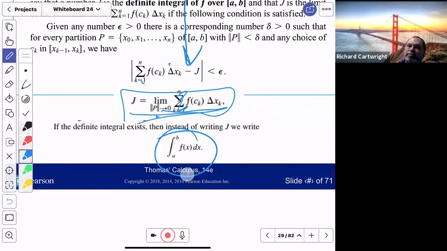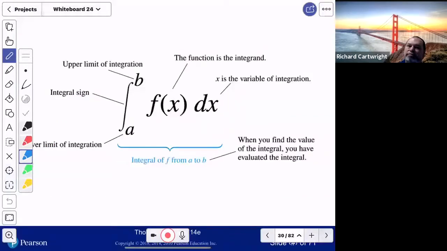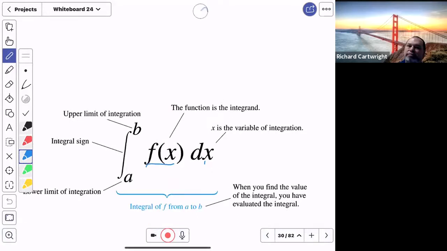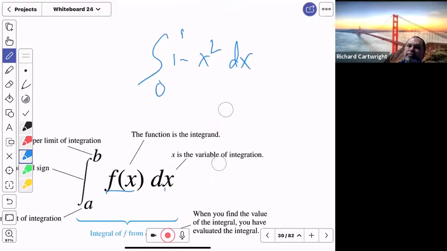This is the calculus that the AP wants you to do for sure. So we've already talked about the integral sign from a to b of a function f of x dx. They're acting like this might be the first time you ever saw it, but I remember when we did the integral of 1 minus x squared dx from 0 to 1, I wanted to see what the answer was.